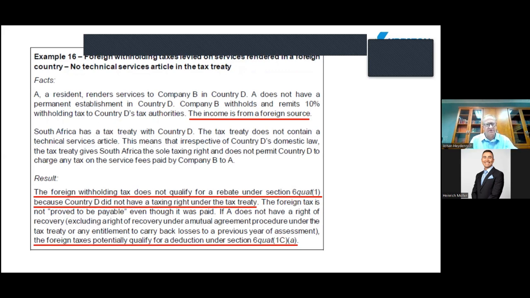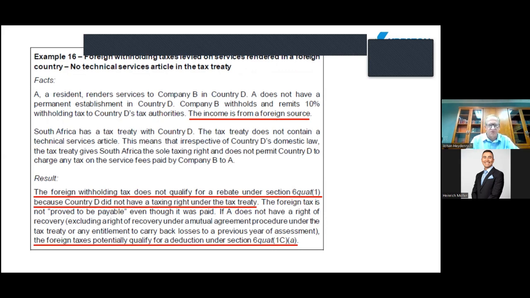Okay. A resident renders services to company B in country D. A does not have a permanent establishment in country D. Company B withholds and remits 10% withholding tax to country D's tax authority. The income is from a foreign source. So firstly, you say, okay, it's from a foreign source, so I should be getting a rebate. So now I look at it, but now I've got to go to the tax treaty.